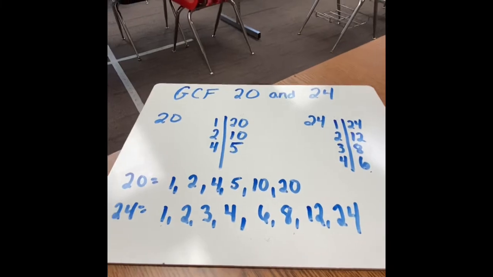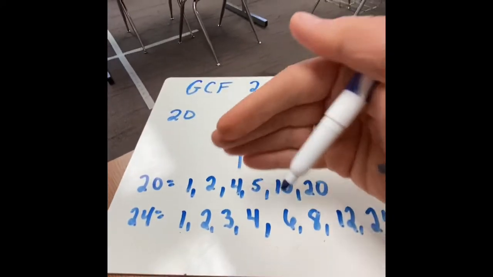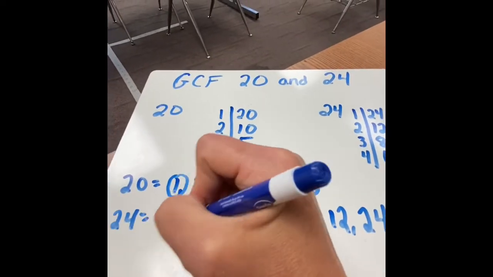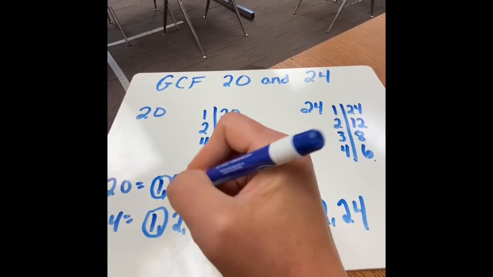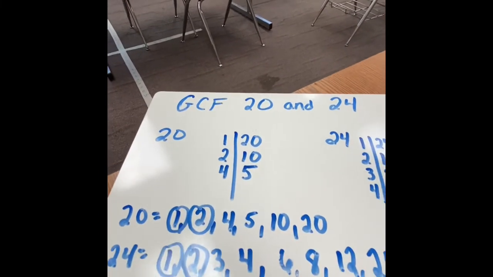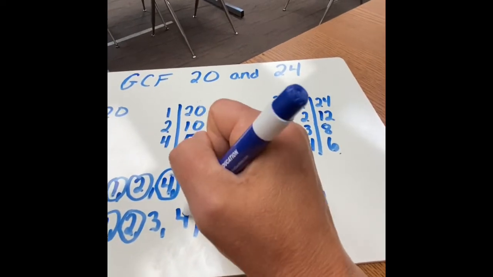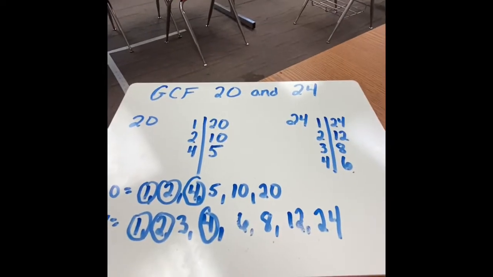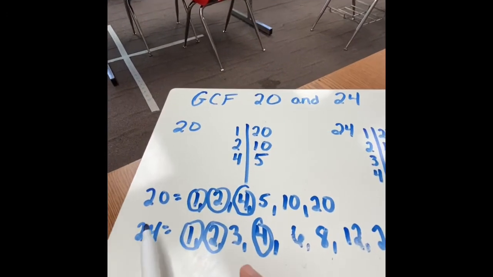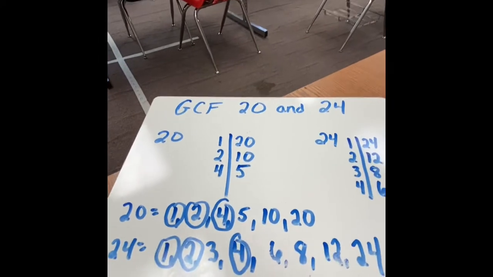Okay, now we have to find out, what do they have in common? What factors in 20 are also in 24? Well, there's a 1, 2. Well, here we have a 3, but 20 doesn't have a 3. So they don't have a 3 in common. Here's a 4 and a 4. Now nothing else is in common. So the common factors of 20 and 24 are 1, 2, and 4.